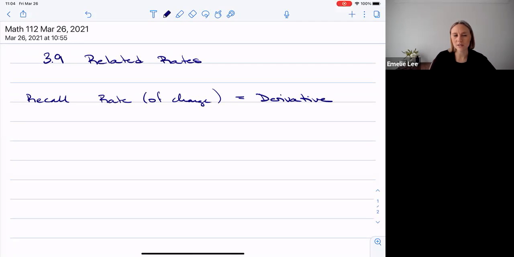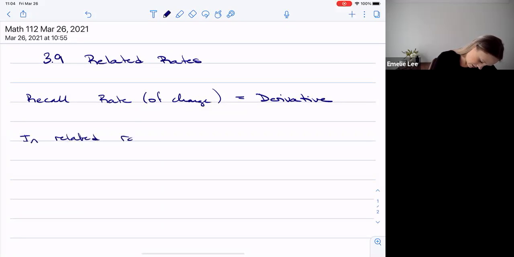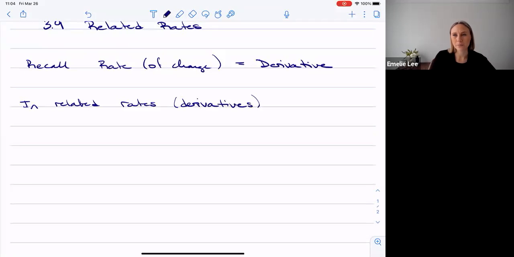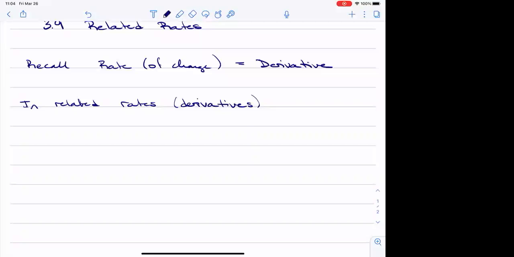So in related rates, which in your mind I want you to think of as related derivatives, I think that is a little bit more helpful, we will be given one rate of change, so one derivative, and then we use it to find another derivative.